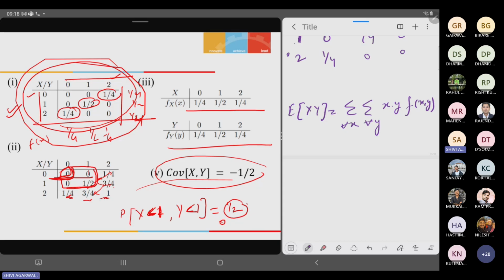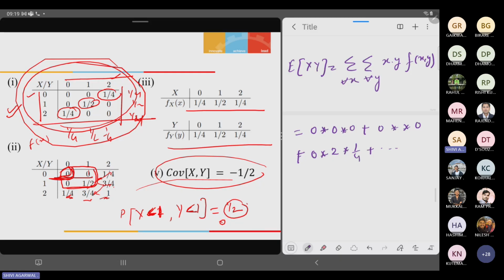Okay. So first we start from x is equal to 0. So x is equal to 0, y is equal to 0, and fxy is equal to 0. Plus x is equal to 0, y is equal to 1, so fxy is equal to 0. Plus x is equal to 0, y is equal to 2, then fxy is 1 by 4 and so on. So we are getting only the term when it is 1 multiplied by 1 multiplied by 1 by 2.